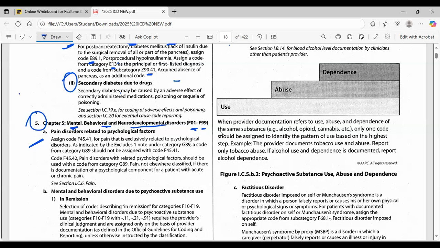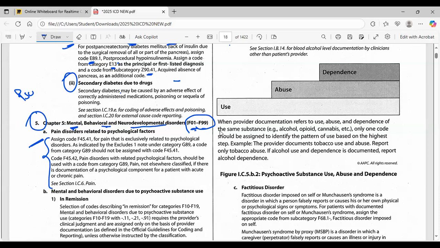So whenever a patient has any psychiatric condition, in that case you have to use a code from series F00 to F99.